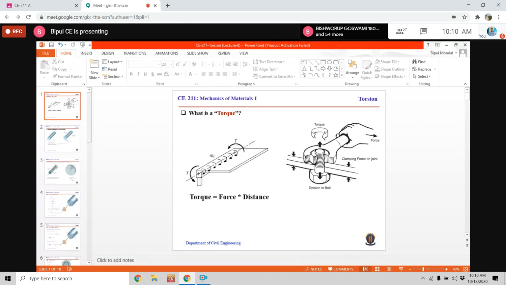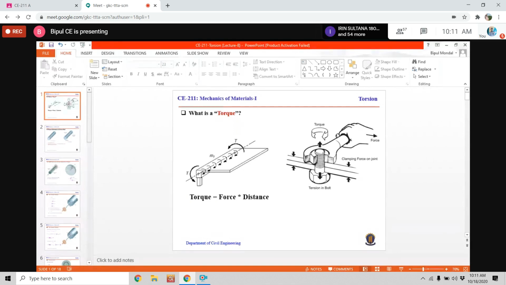That is the response of a structure. Okay, so if we apply a bending moment to a structure, then the structure will be bent or the structure will be rotated. That is the response of a bending moment. So the torque and bending moments are almost similar.